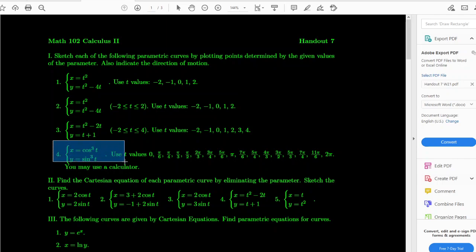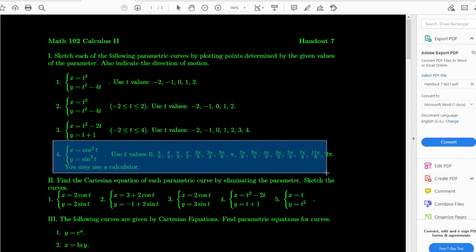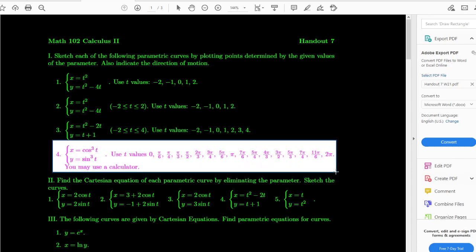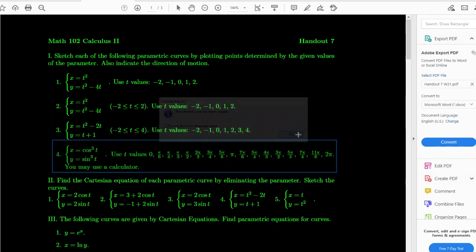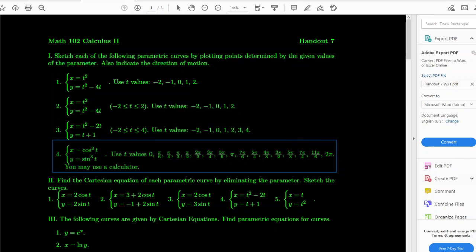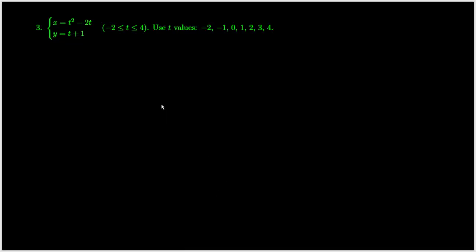Now question 4, I want you to remember this parametric curve. I'm going to show you the computer sketch very shortly.